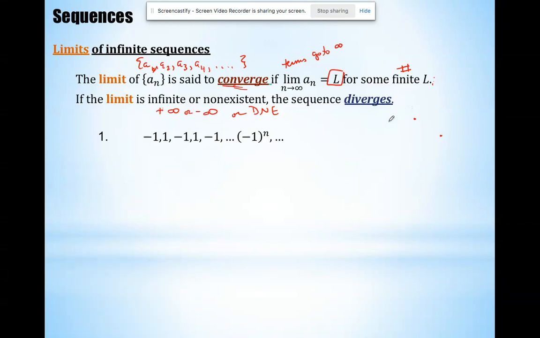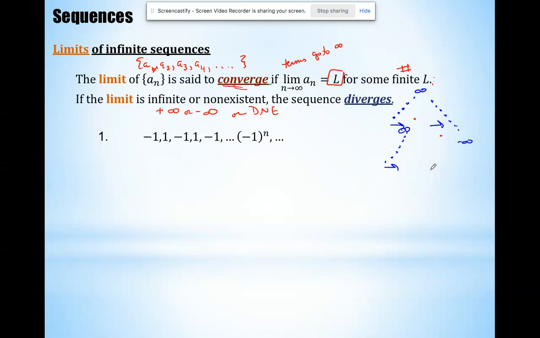We had our arithmetic with a positive d as n went to infinity. These terms went to infinity. With a negative d as n went to infinity, the terms went to negative infinity. Diverging. For a geometric sequence, as n went to infinity, we had the swoosh.